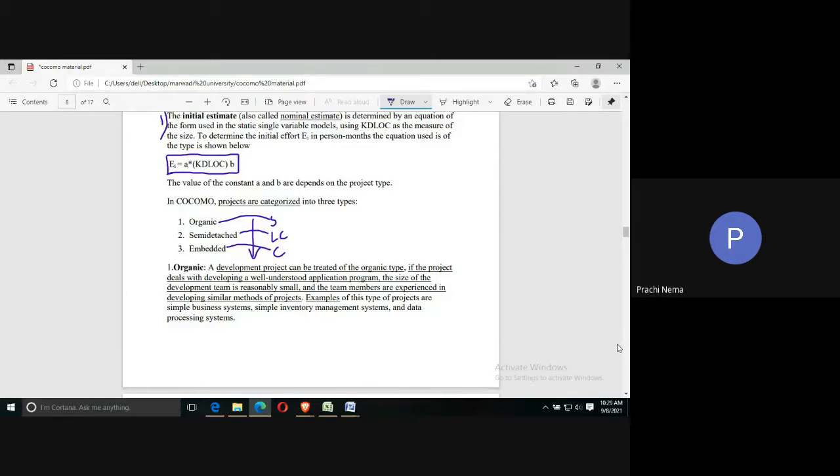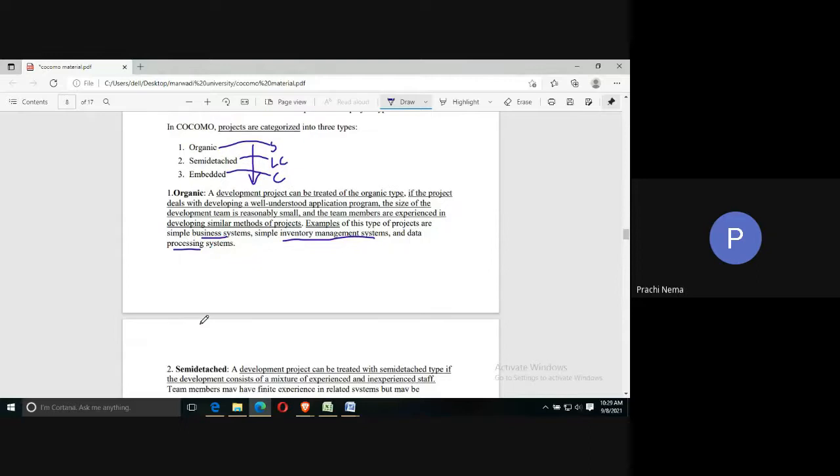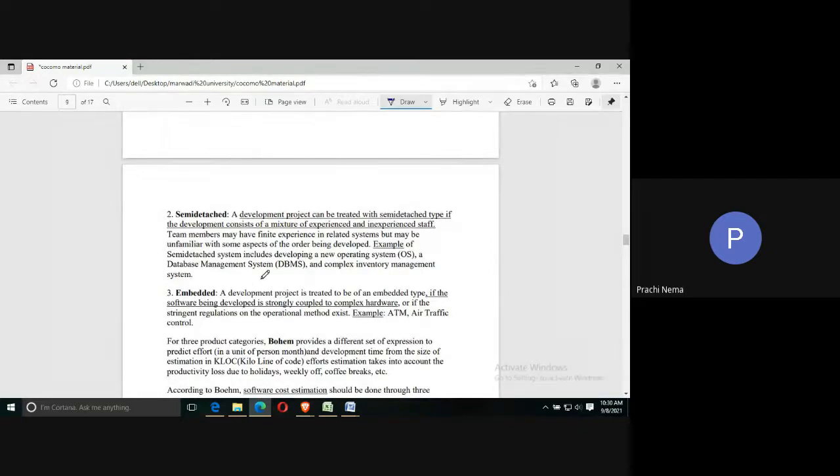Okay. So, organic is a type of project in which there is a small team and all the team members are experienced persons. For example, simple projects like a simple business system, a simple inventory management system, a data processing system, all these belong to this category. Then comes the semi-detached category.